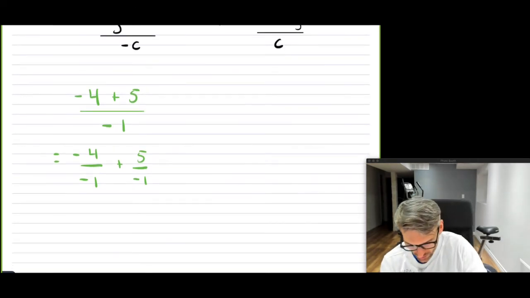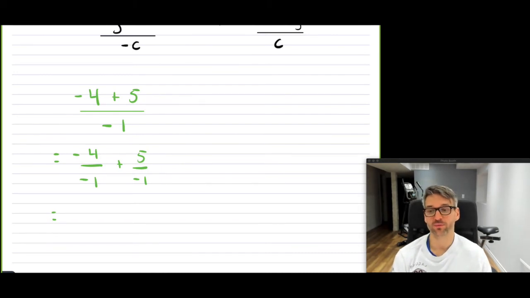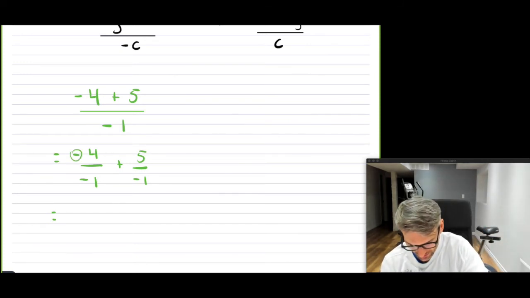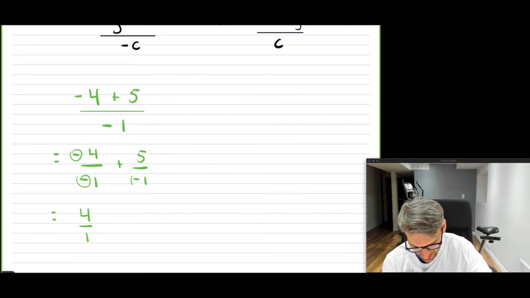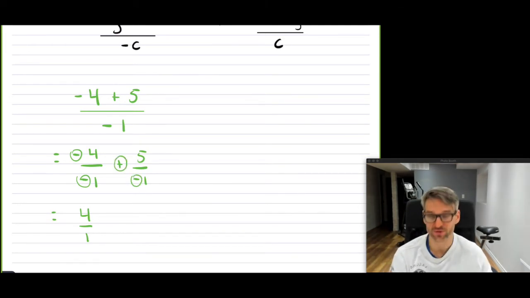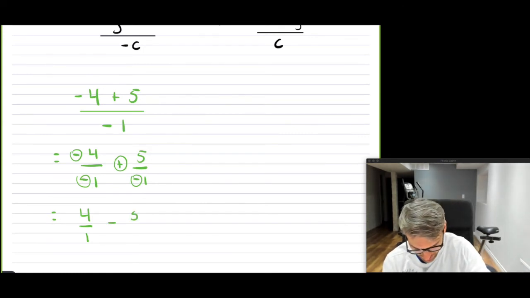And when you do that, notice that the negative from the bottom can disappear because you can start bringing it up into the numerator. So this negative and this negative can cancel, and this would have been just 4 over 1. And now you could have taken this negative and brought it right here. So the positive and the negative right there equals a negative. So this would have been minus 5 over 1.